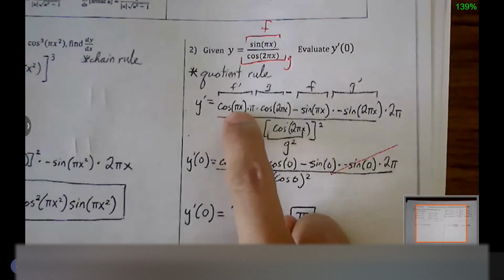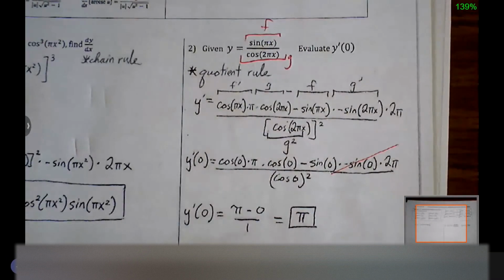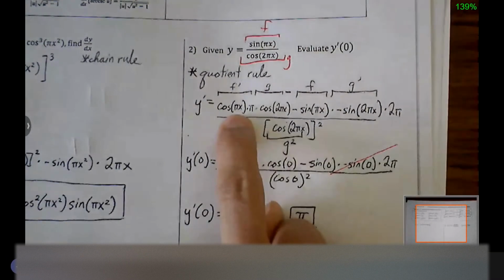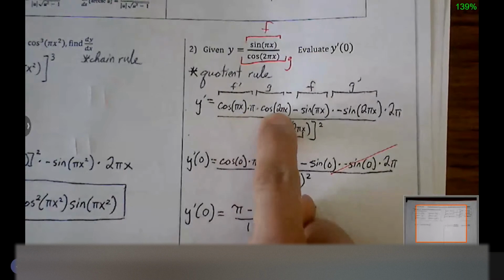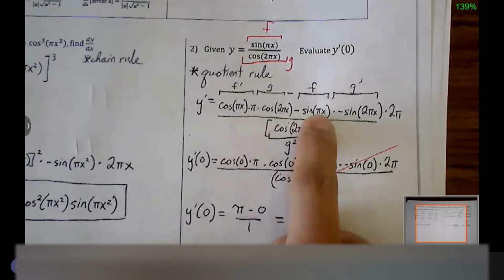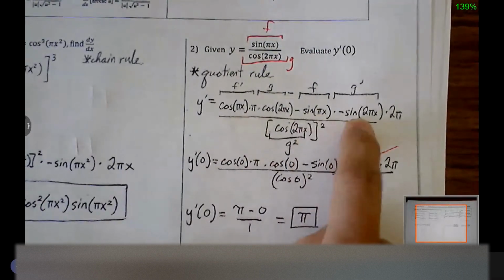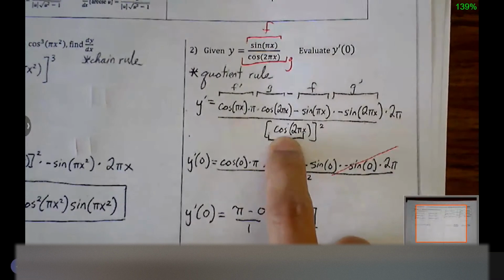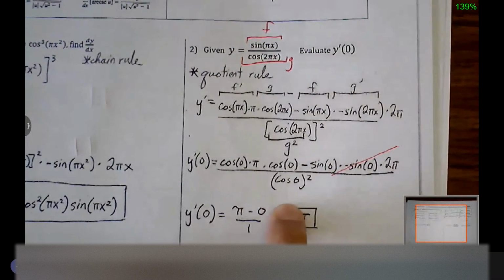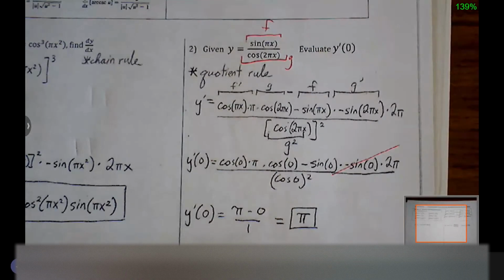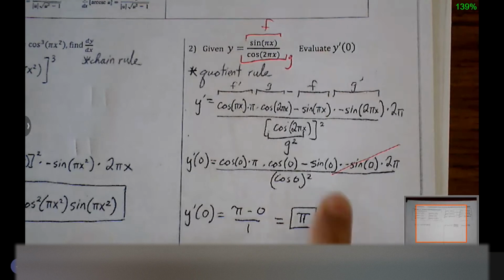So 0 times pi is just going to be 0, right? So everything inside the parentheses will just turn into a 0. So we got cosine of 0 times pi times cosine of 0, minus sine of 0 times negative sine of 0 times 2 pi, all over cosine of 0 squared. All right. If you want to enter this in the calculator, make sure you're in radian mode. Cosine of 0 is 1, sine of 0 is 0.